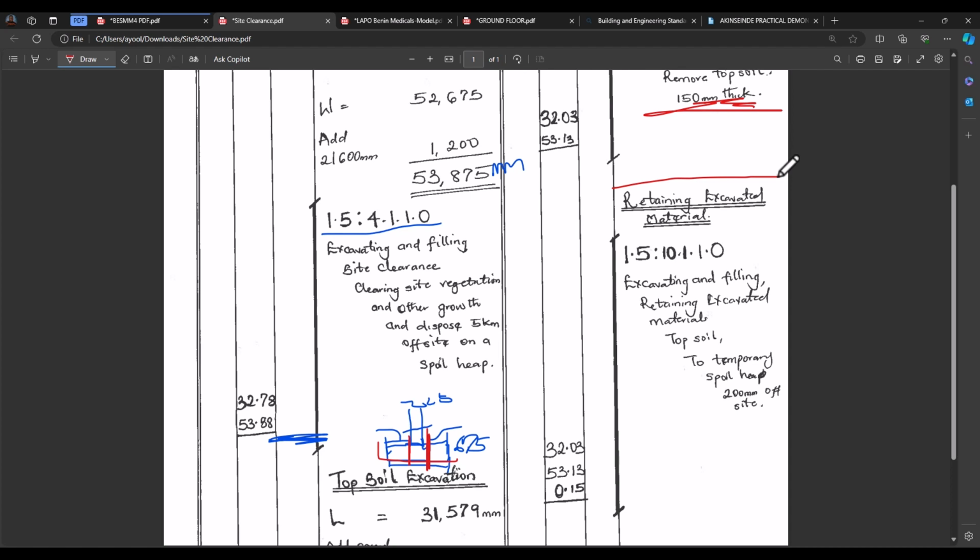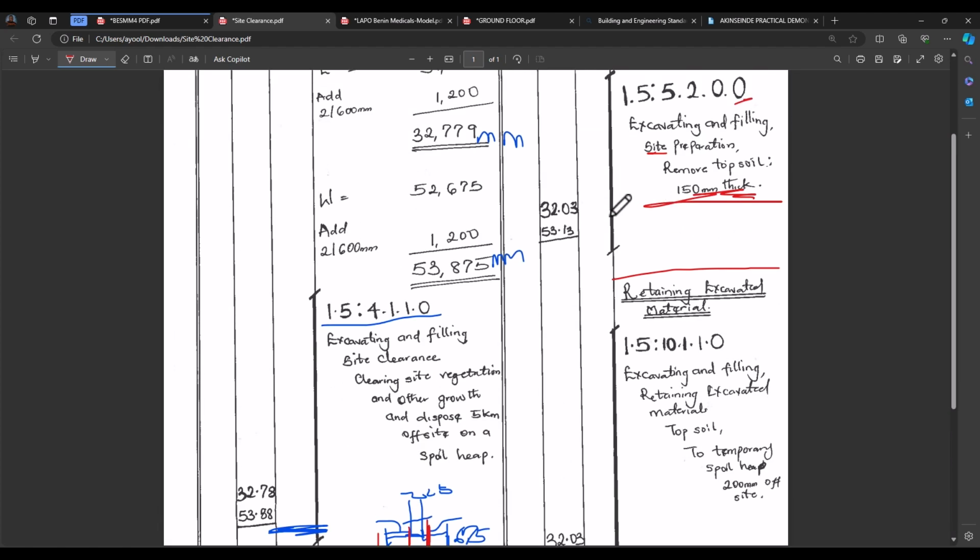It can be used for green area, so you can choose to retain it on site. Or if you don't need it, you can dispose of it. So you can either retain or dispose of topsoil excavation. Now it's just bringing in the topsoil excavation quantity multiplied by the thickness of our topsoil removal.